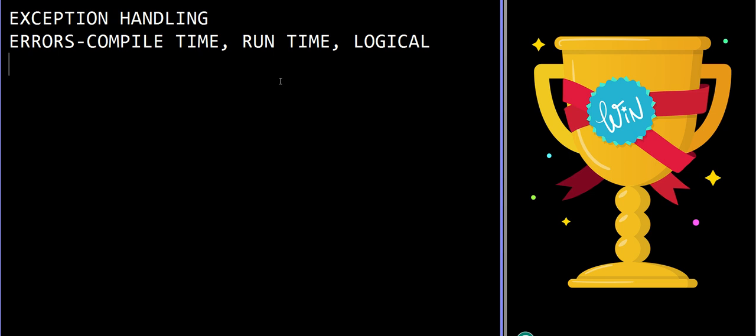So these are the errors, and runtime errors are called exceptions. Exception means runtime error. Error, on the other hand, may be a programming mistake.